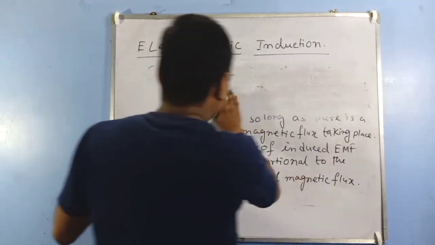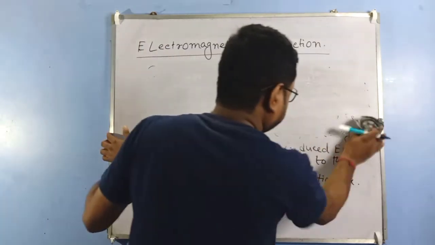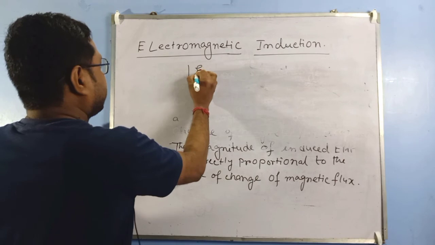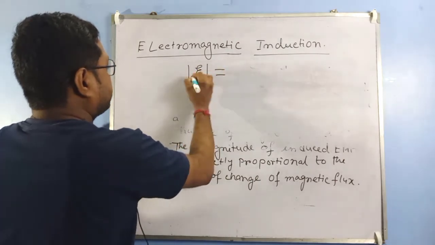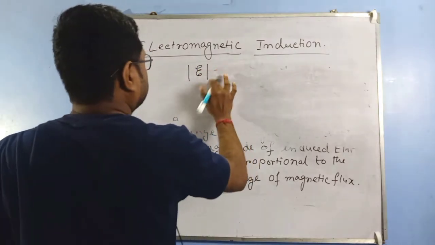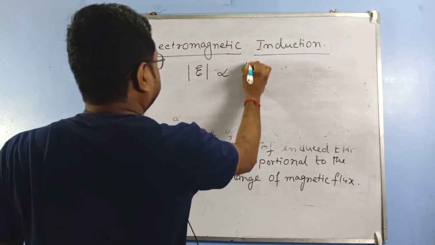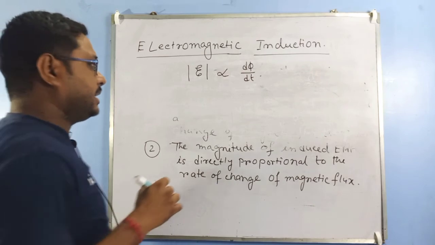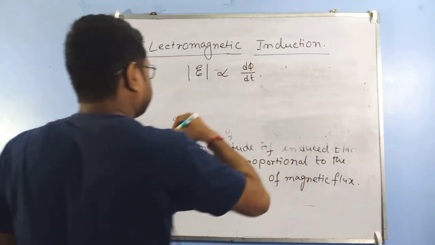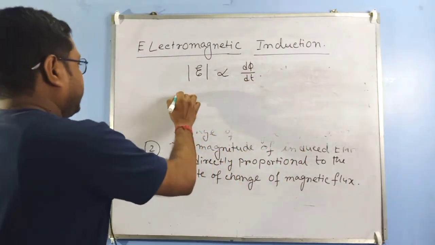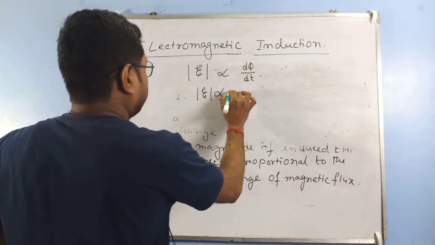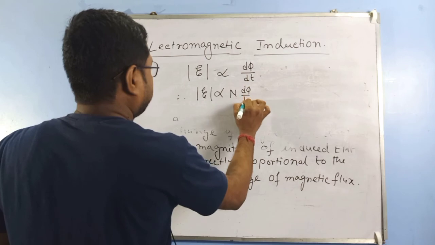So what is the mathematical form of Faraday's law? If E is the induced EMF, then it is directly proportional to d phi by dt, where phi is the magnetic flux. Or if the coil has n number of turns, then E equals n d phi by dt.